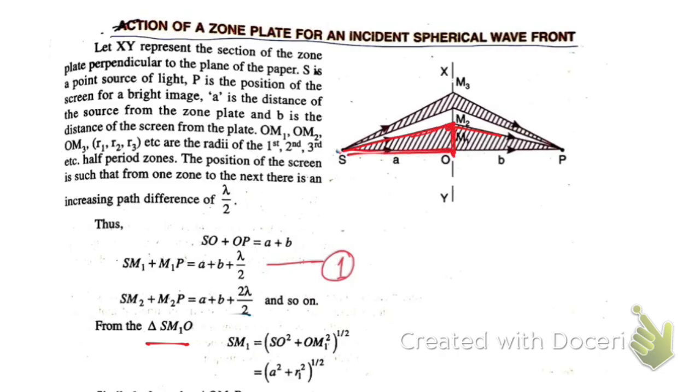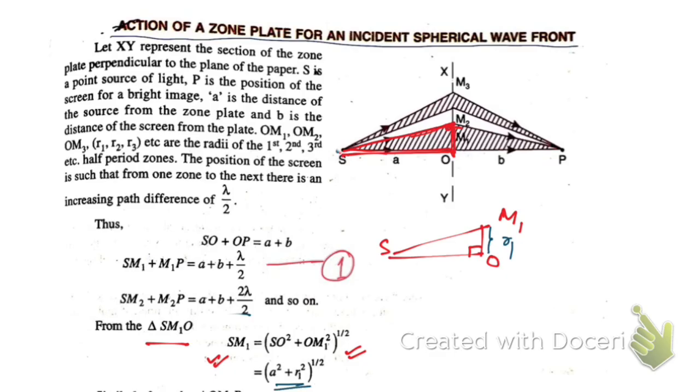Okay, so here, from this triangle, if we use Pythagoras theorem, we will get SM1 is equal to this, right? And this is R1. Okay, that's why we have got this expression.